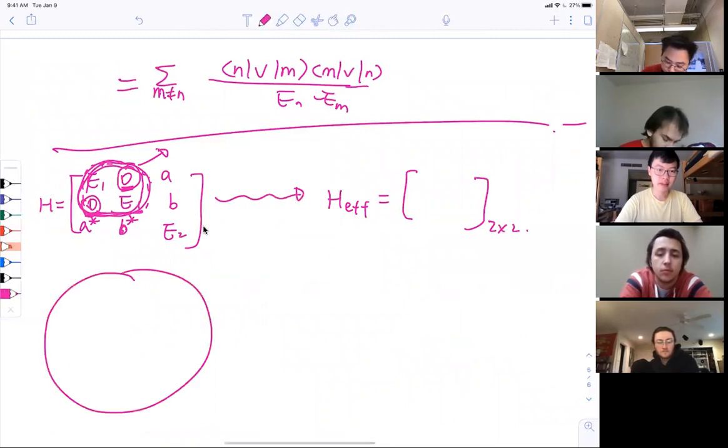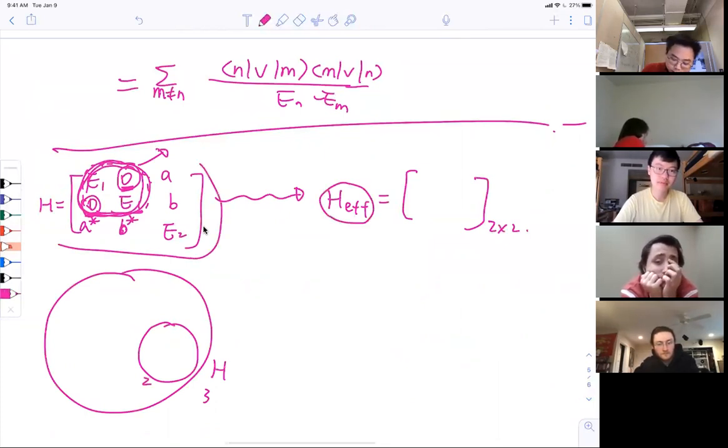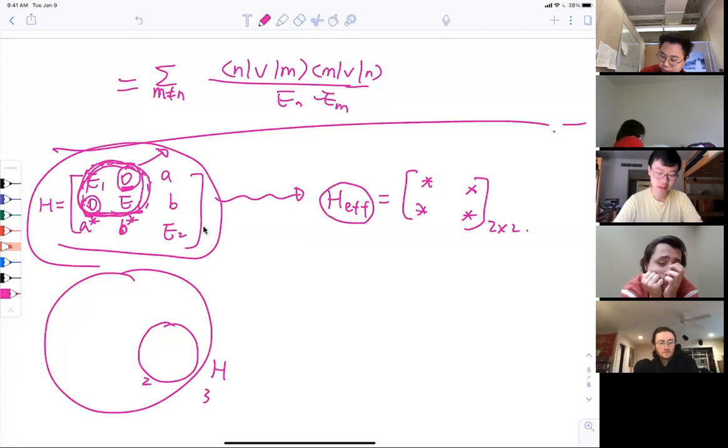In this case, your Hilbert space is 3-dimensional, but we only care about a 2-dimensional subspace, right? So we can construct an effective Hamiltonian out of this 3-dimensional Hamiltonian and get some elements, and then diagonalize this guy, we would get the correct result.